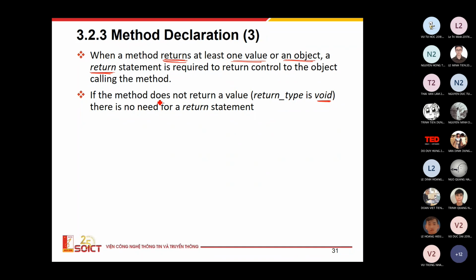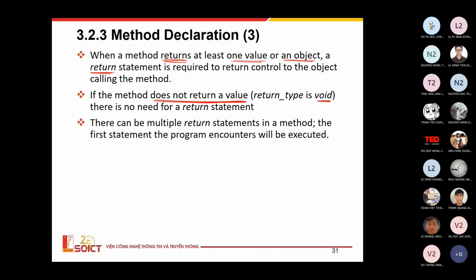When you use void, that means it doesn't return a value. And when you have many return statements in one method, the first statement that it reaches will be executed.